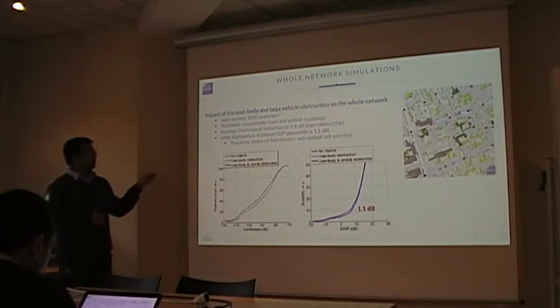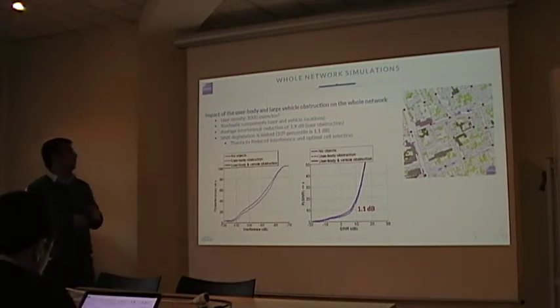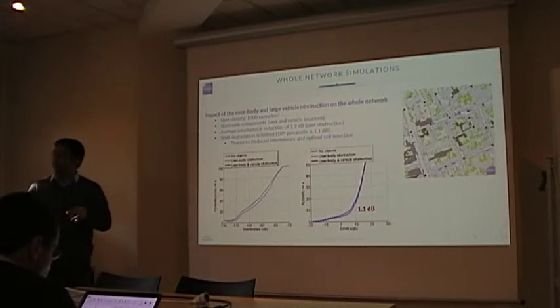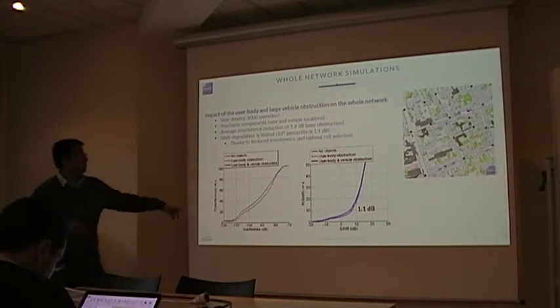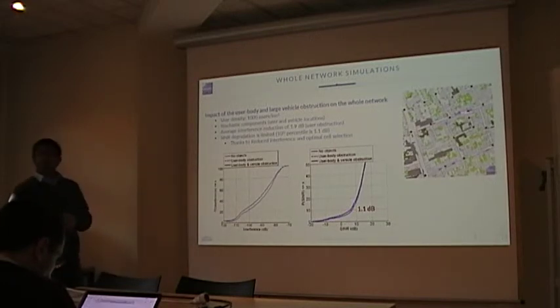Here we have a user density of 1,000 users per square kilometer, and the stochastic components are the user locations, which are random, but also the user orientation and the vehicle locations at each iteration. The average interference, here we can see, is about 1.9 dB, which is mostly caused by the user obstruction. Now why is this due to user obstruction?